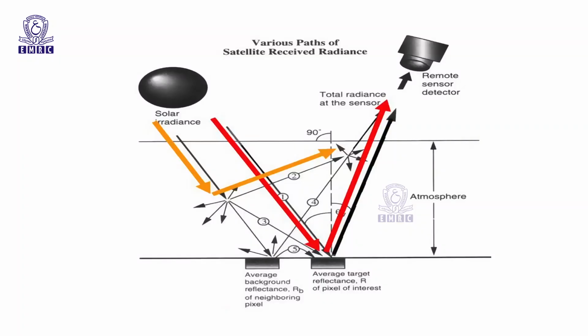Pre-processing. Pre-processing functions involve those operations that are normally required prior to the main data analysis and extraction of information, and are generally grouped as radiometric or geometric corrections.